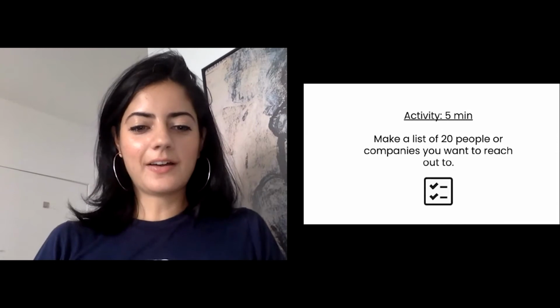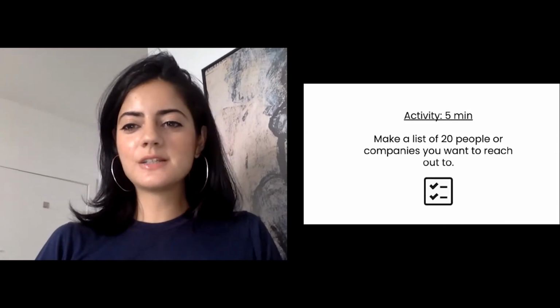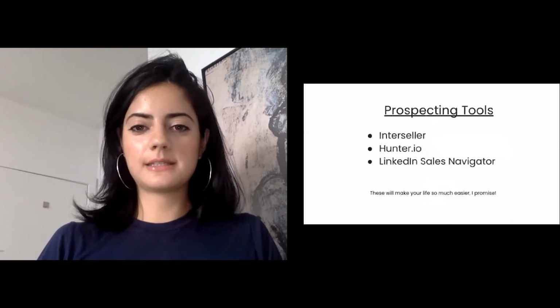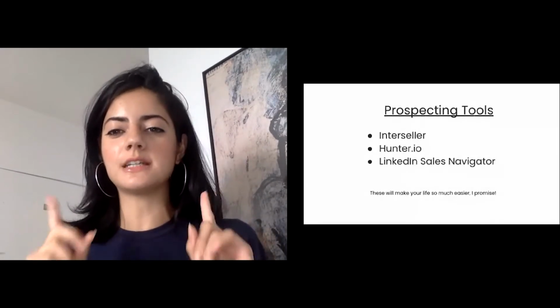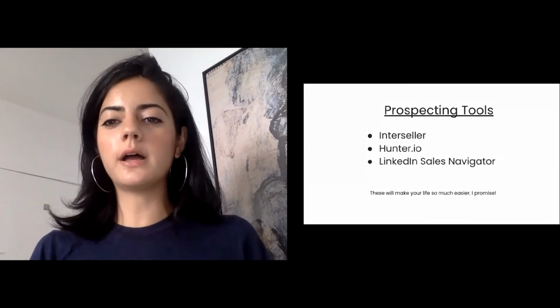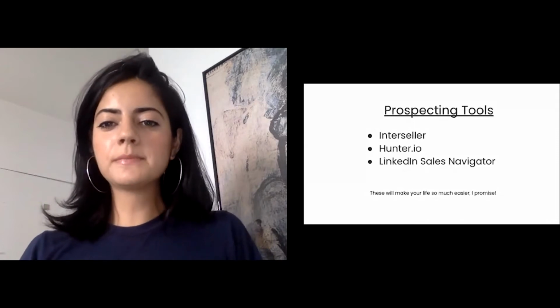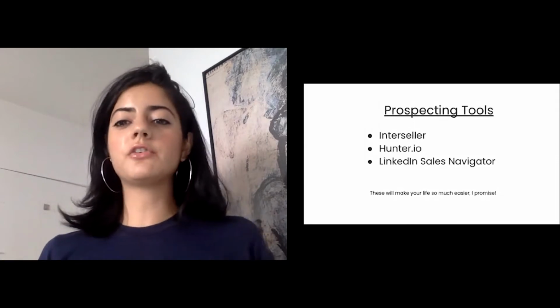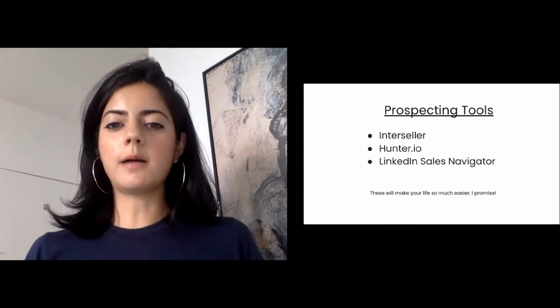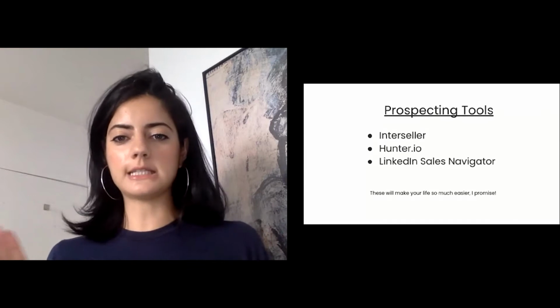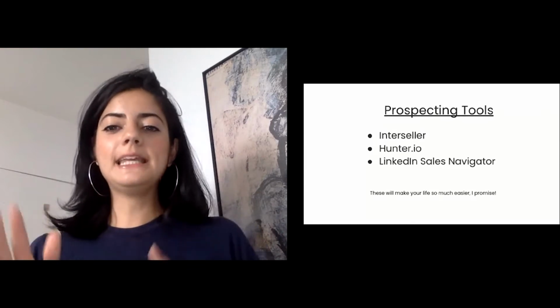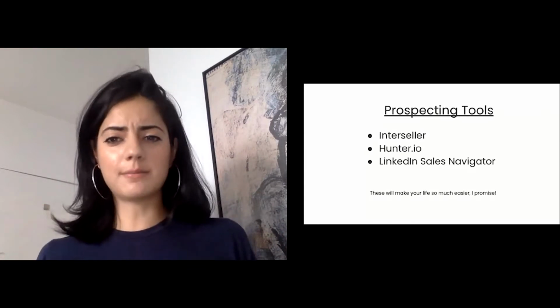All right. So prospecting tools. My ultimate pro tip for prospecting is to use a prospecting tool. My favorite one is LinkedIn Sales Navigator. I believe you can actually get it for free for 2 weeks, like a 2-week trial. And during that time, you can generate a massive list of contacts to reach out to. Even after that, I think it's like $50 a month or something.